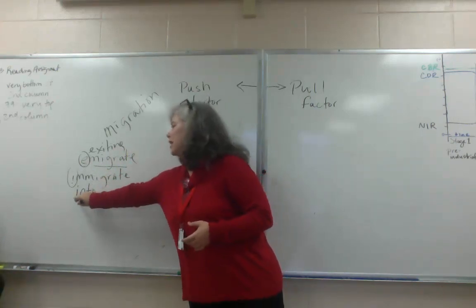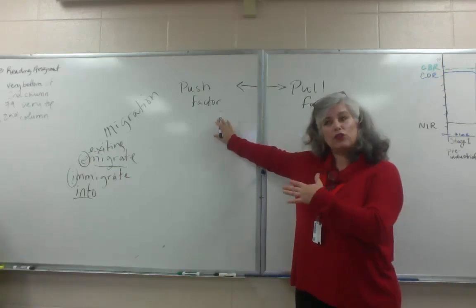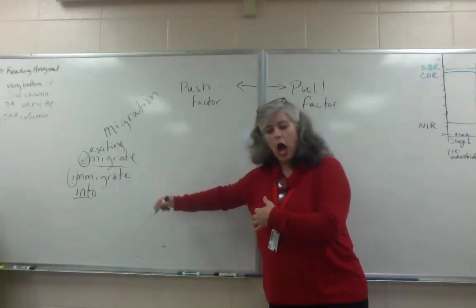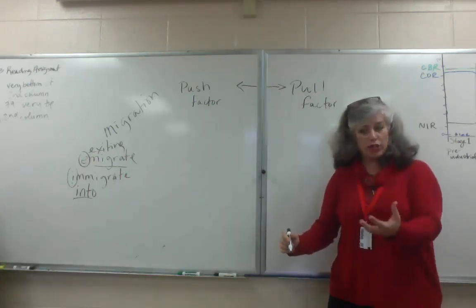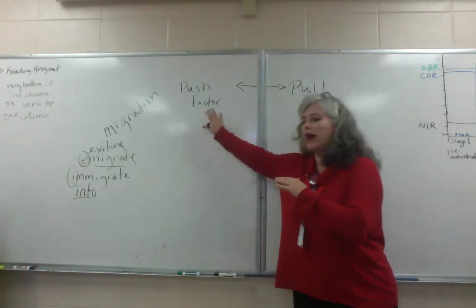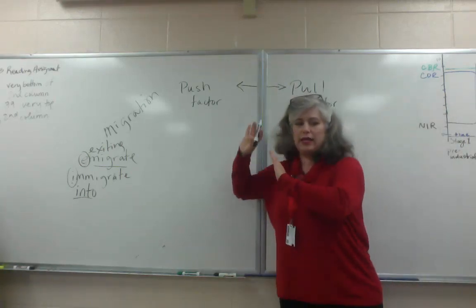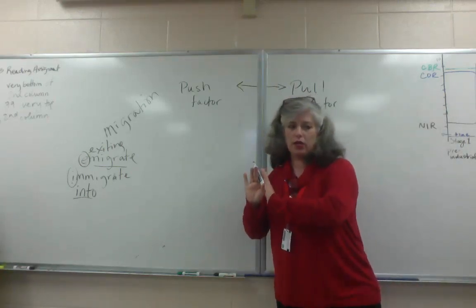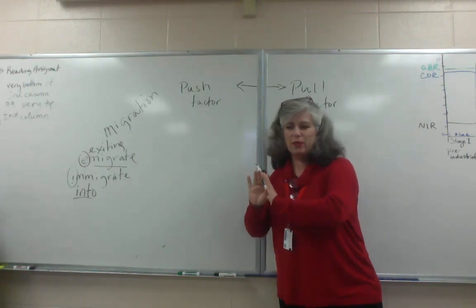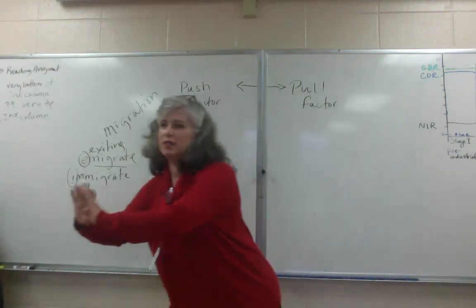So anyway, emigration is exiting a place. Immigration is going into a place, and there are different kinds of migration, but voluntary migration is the first kind that we're going to talk about, and we're going to discuss push factors and pull factors. Push is exactly what it sounds like. You live in a place, and the place is undesirable, so it's causing you to want to leave.